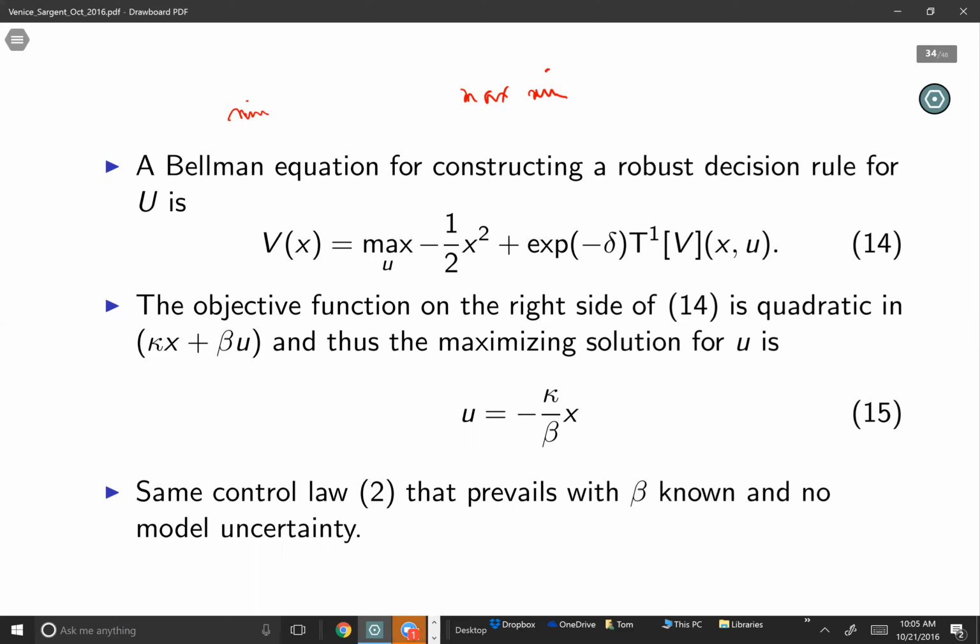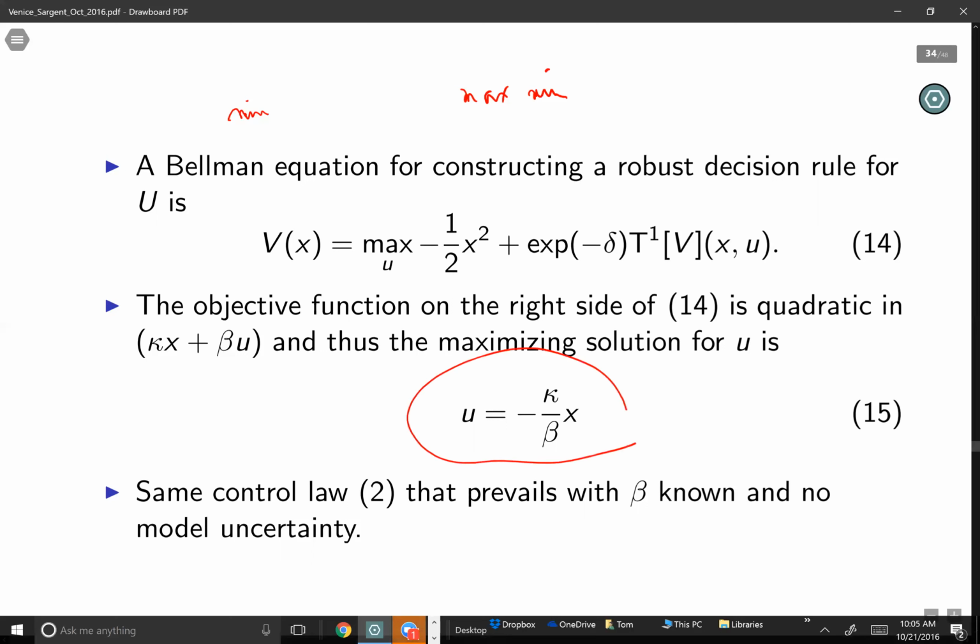So you work this out, and lo and behold, the optimum decision rule is this. And that rings a bell. That's the decision rule before Friedman.